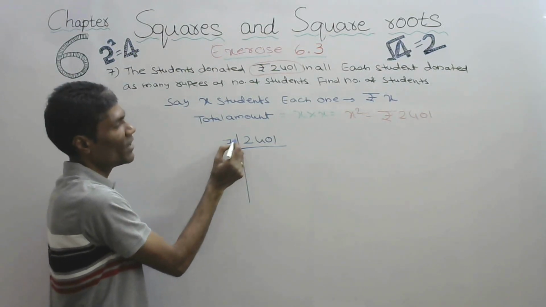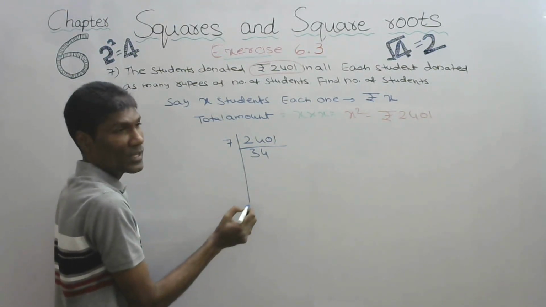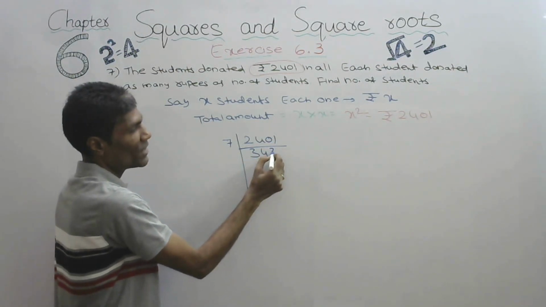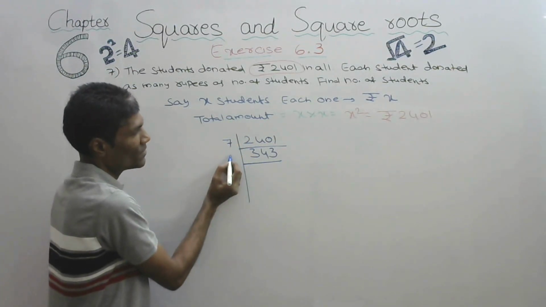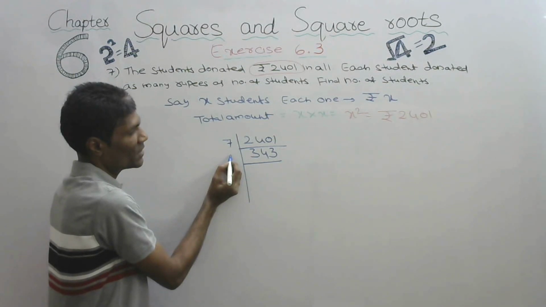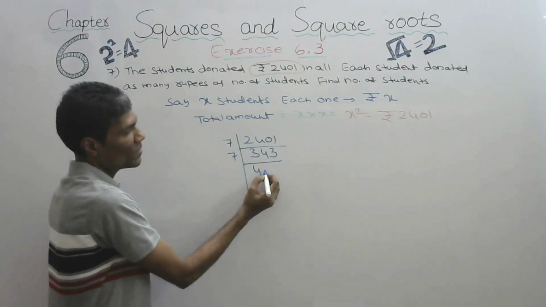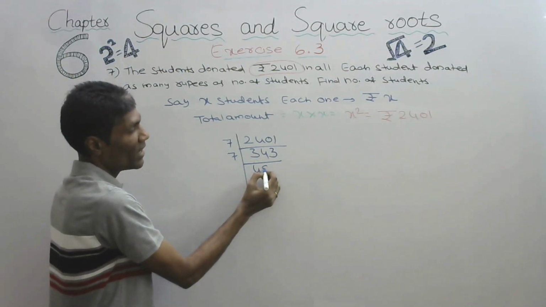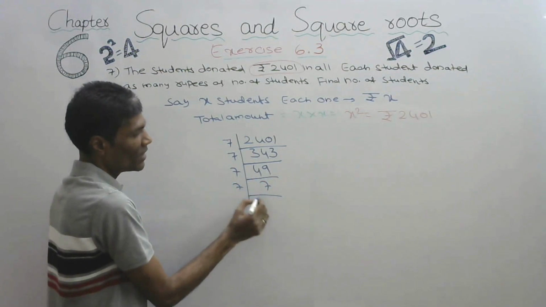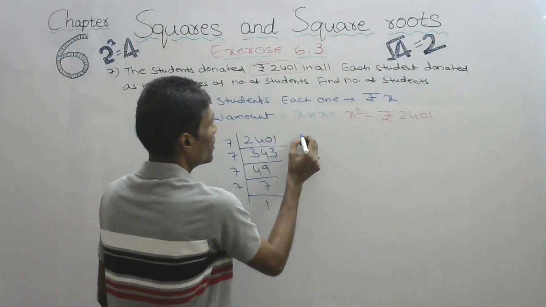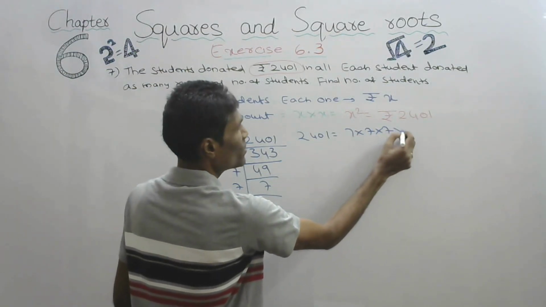Yes. 7 3s are 21, 7 4s are 28, 7 9s are 63, then 7 into 7, 7 1s are. So 2401 equals 7 into 7 into 7 into 7.